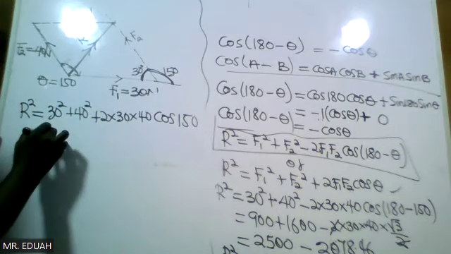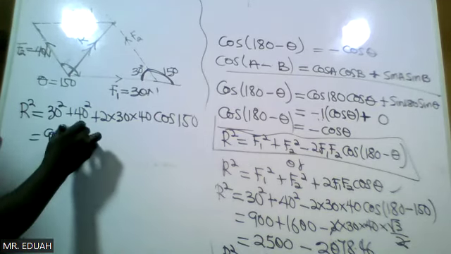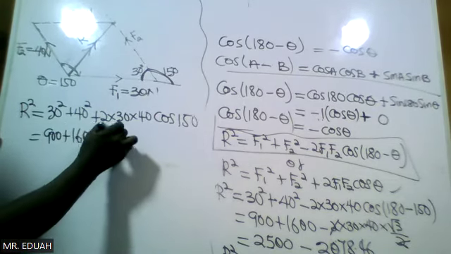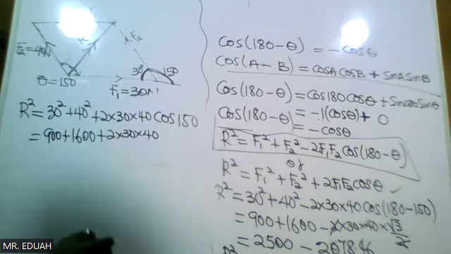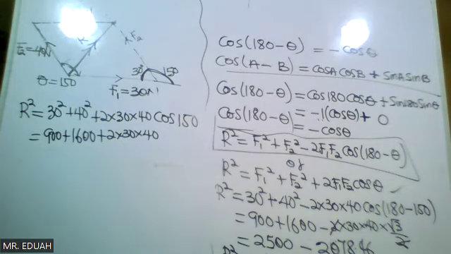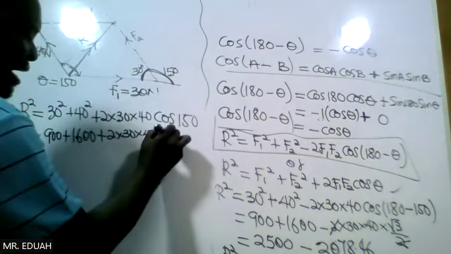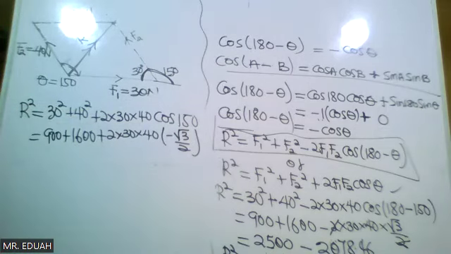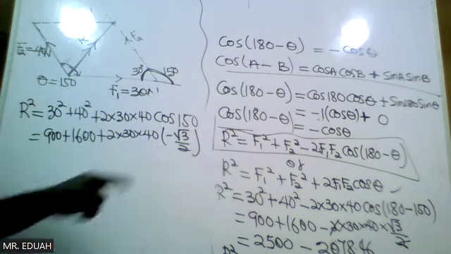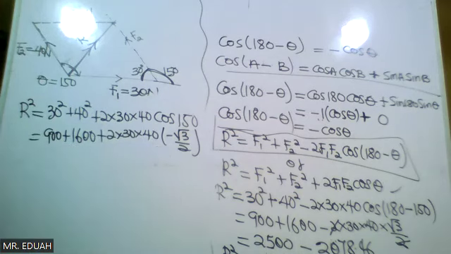So 900 plus 1600 plus 2 by 30 by 40 cos 150, which is the same as negative of cos 30. So this is minus root 3 on 2. Let's confirm: cos 150 is equal to negative of this. Correct?